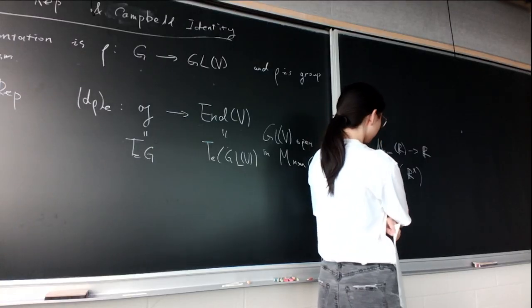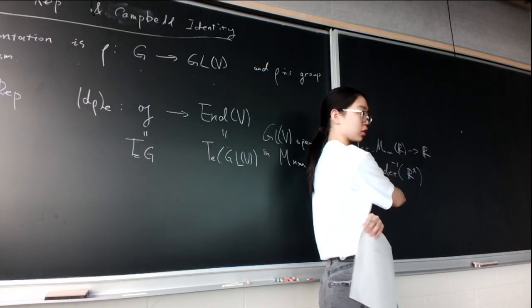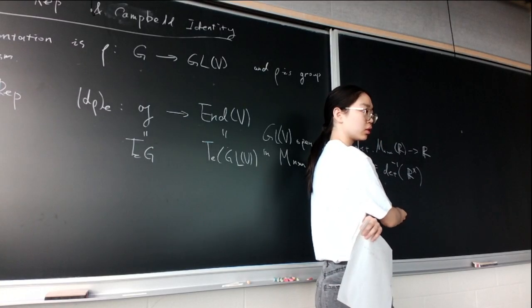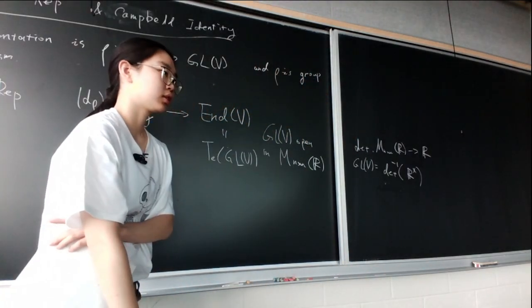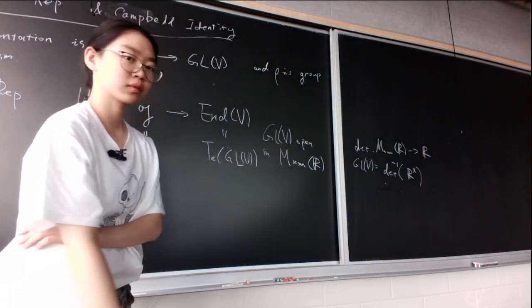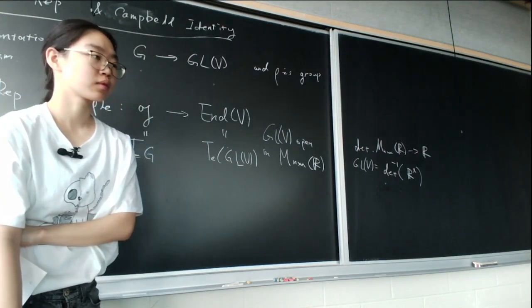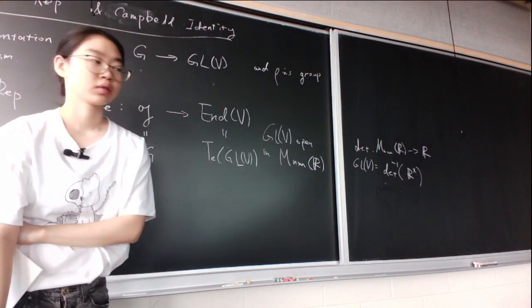So this is the pre-image of an open set under a continuous map, which is open. Oh, okay. I see. That's one way.